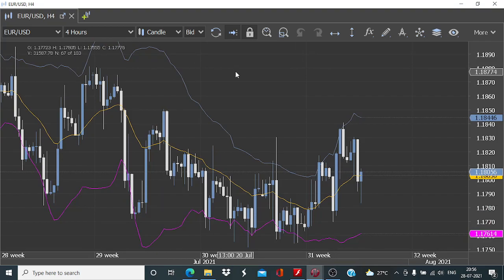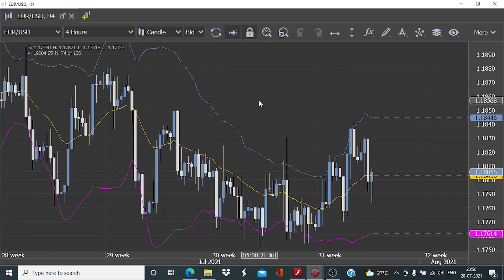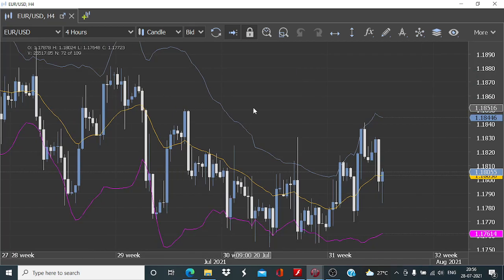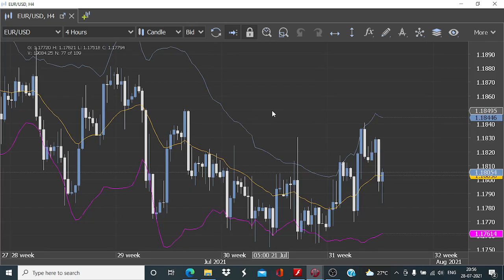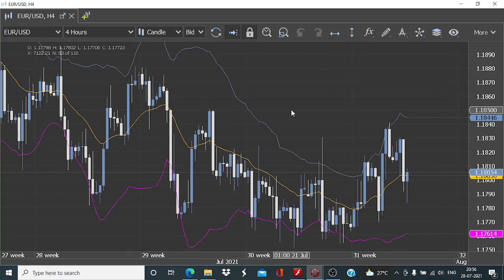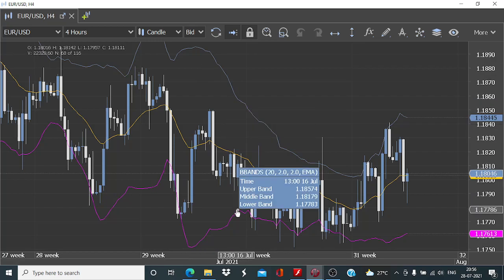This is the Euro USD chart on the hourly time frame, and for this session we will be relying on this formation to figure out the opportunities to go long or short as the case may be. The setup is going to be fairly simple. We want to be trading with the trend, and for that we will be taking the help of this Bollinger band and its upper band and the lower band.